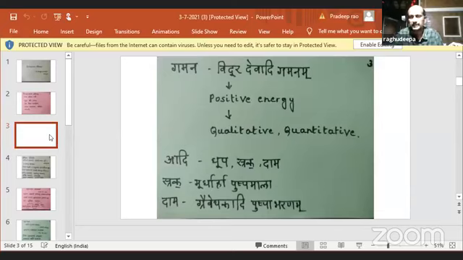EM field detectors means electromagnetic field detectors, where you have a small instrument like a mobile phone, and when you switch it on, it will show the microvolt per meter. That is the electromagnetic field for that particular area, per square meter. It has three readings.